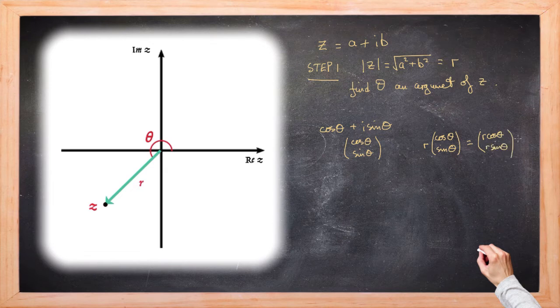And that vector has components r cos theta and r sin theta. So we're ending up with z having real part r cos theta and imaginary part r sin theta. So there's our step 2. That's the crucial step. Step 2, we scale the corresponding point on the unit circle, that's cos theta plus i sin theta, by a factor of r.